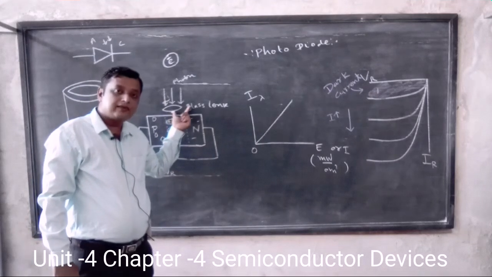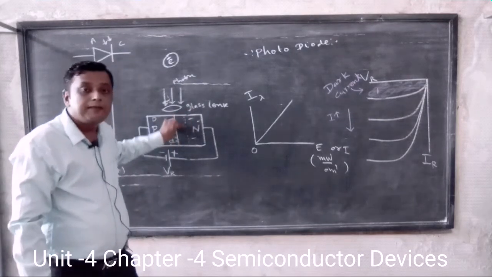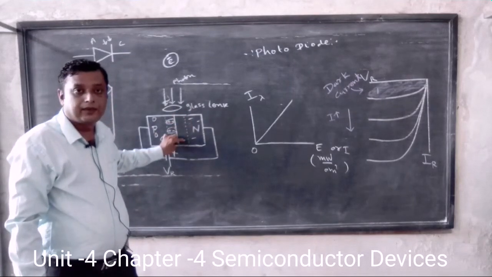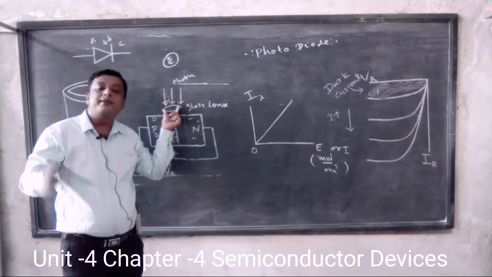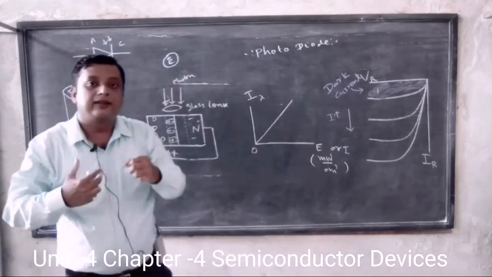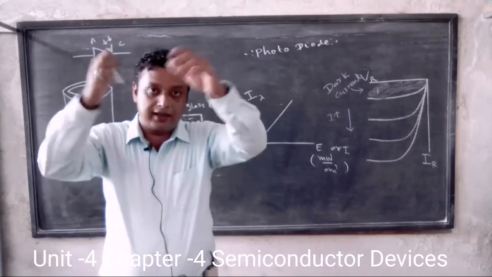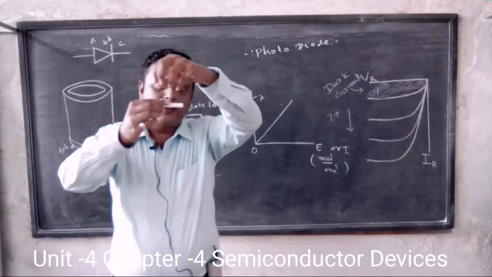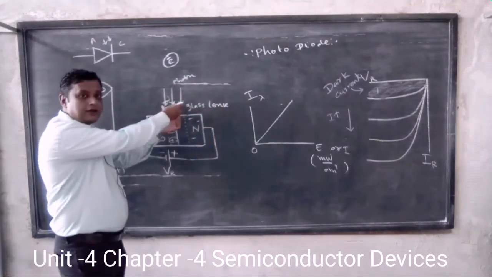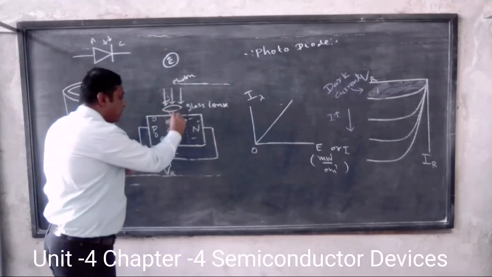If I use this convex lens above the depletion barrier, then there is a possibility to achieve maximum light falling onto the glass. So the light energy falling onto the convex lens or glass is concentrated.